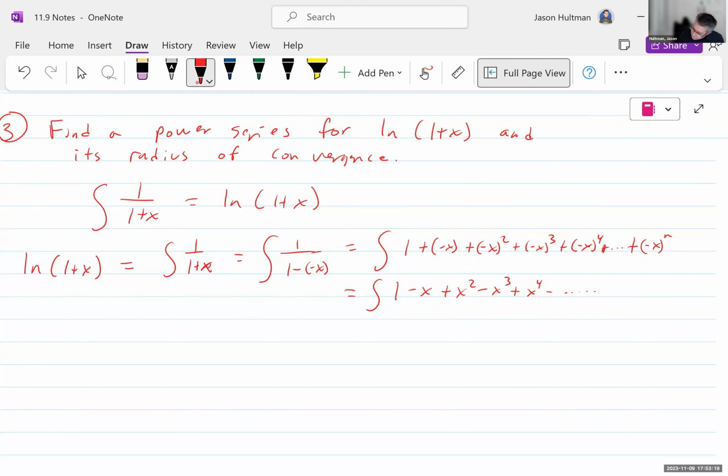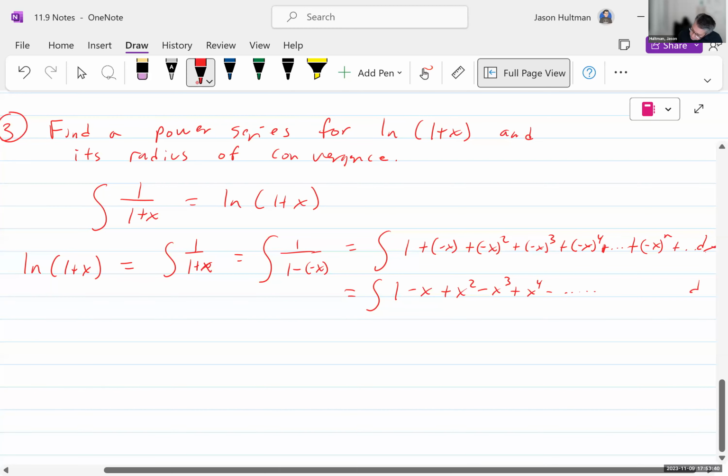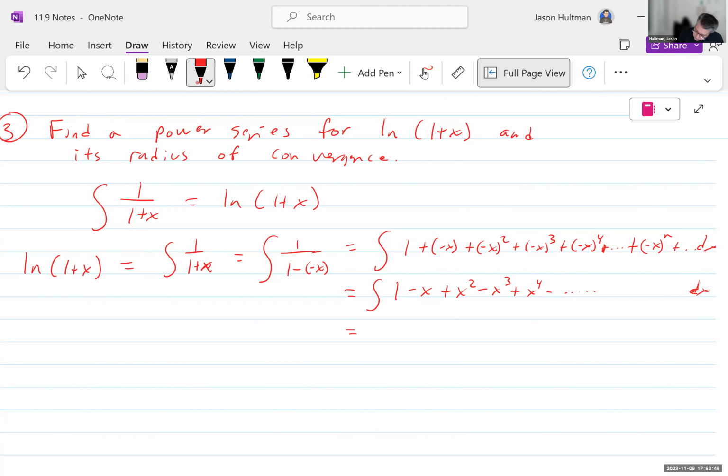Yes, like that. Okay, so now we want to integrate each of these terms with respect to dx. Okay, so let's see what happens. We get our constant.